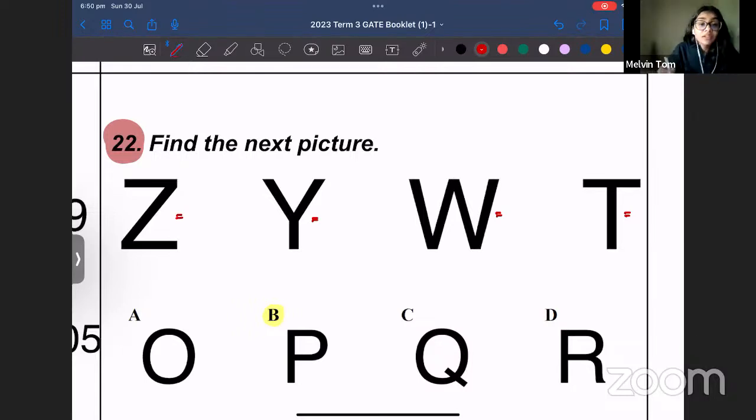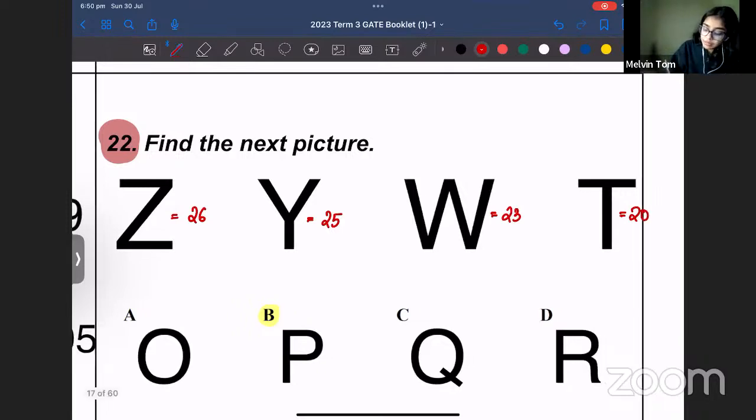Z is the 26th letter of the alphabet, Y being the 25th, W being the 23rd, and T being the 20th. Now let's look at the difference between each of them.